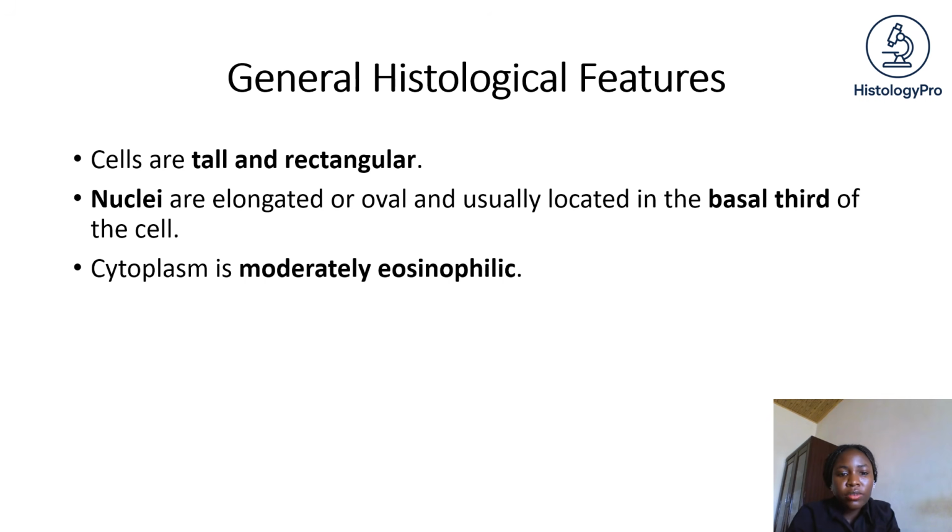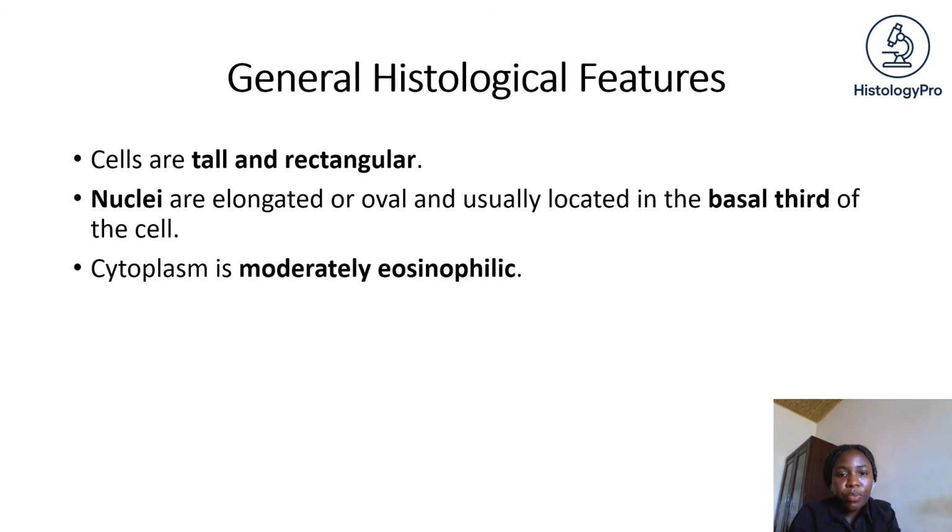Now looking at the general histological features of simple columnar epithelium. The cells are much taller than they are wide, which gives them a column-like appearance. The nuclei are elongated or oval and usually located in the basal third of the cell, as you can see in the previous diagram.